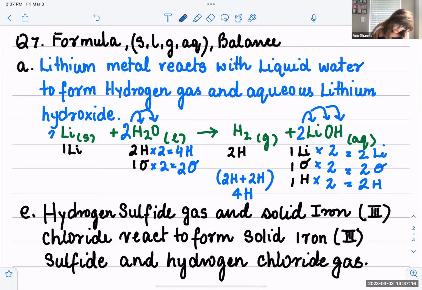So you can easily put 2 here. So this 2 applies to lithium and you have 2 lithiums. So you see now that you have 2 lithiums on one side, 2 lithiums on the other side. You have 2 oxygens on one side, 2 oxygens on the other, and a total of 4 hydrogens on one side and 4 on the other. Okay, so this is how you work on this one.